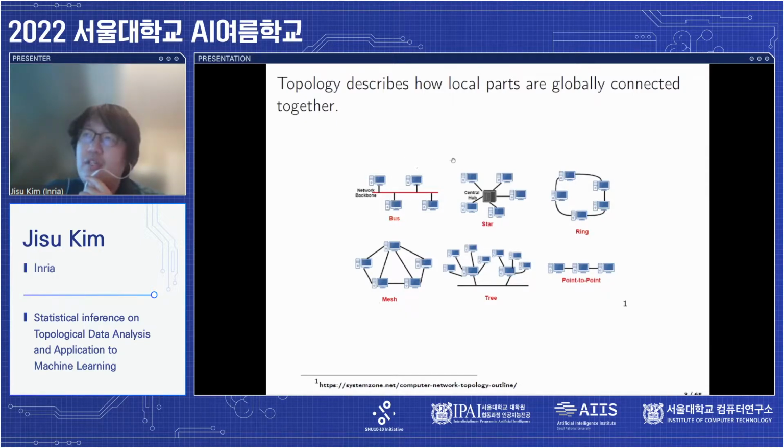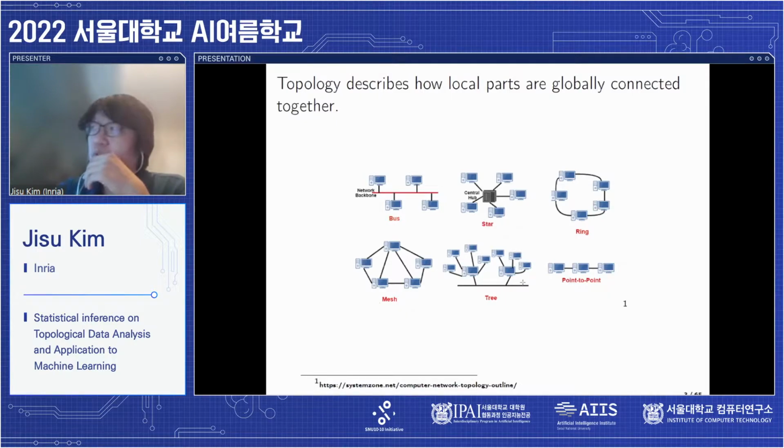So for example, like this kind of bus means the computers are connected through a single line, and rings means that the computers are connected so that it forms a loop, and tree is just that the computer network structure has a form like a tree, and so on.